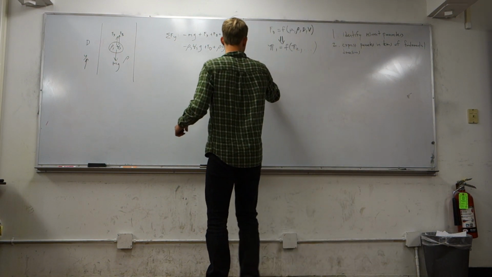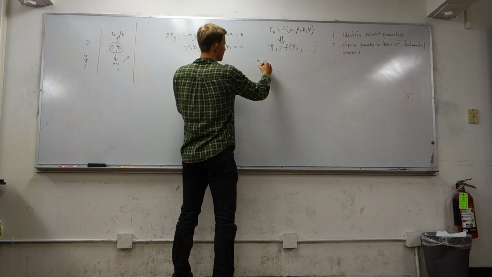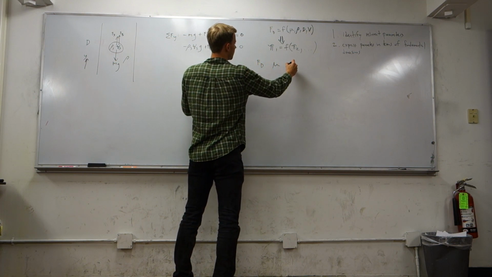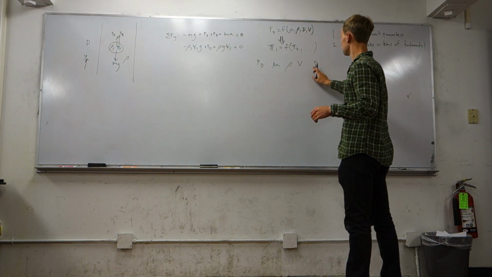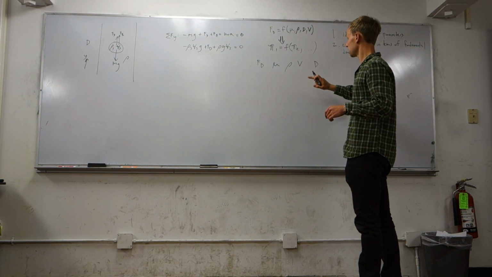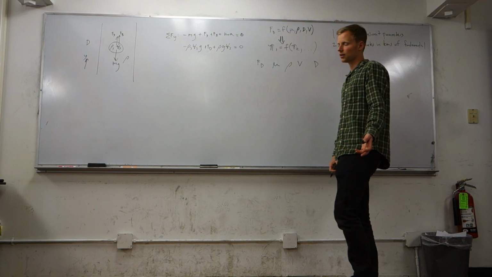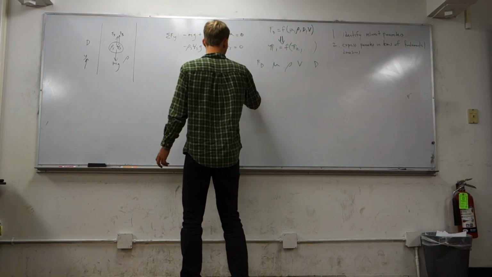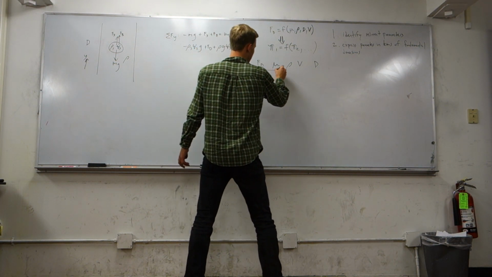So I'll create a matrix here with my dimensions. I have my parameters, F_D, I have mu, I have rho, I have V, and I have D. And I'll note that the only relevant fundamental dimensions here are going to be mass, length, and time. So we can have mass, length, and time on this axis. And I'll create this grid.